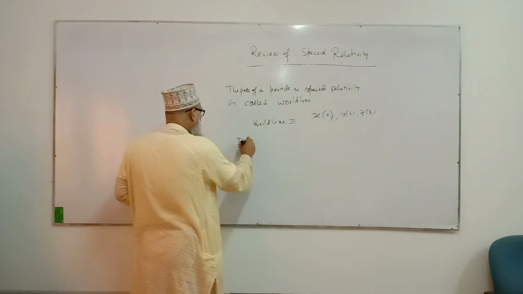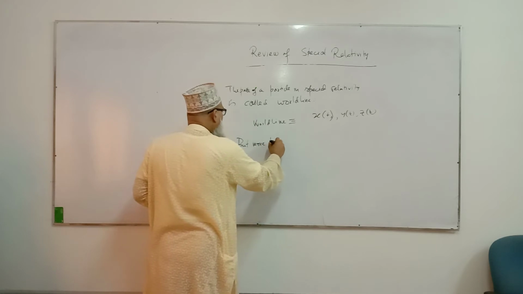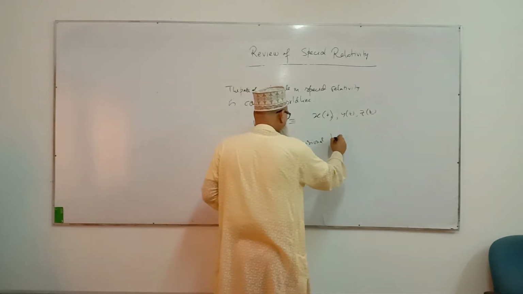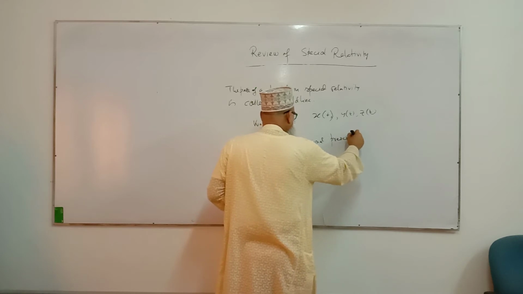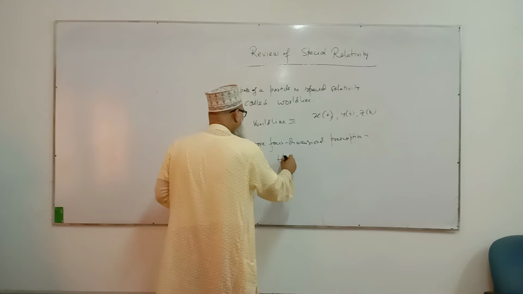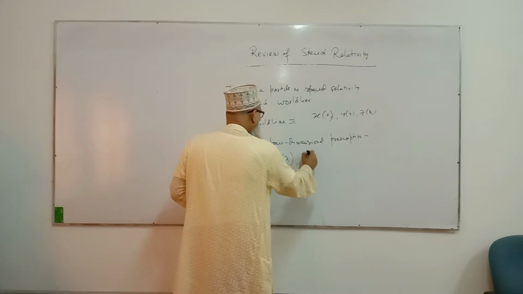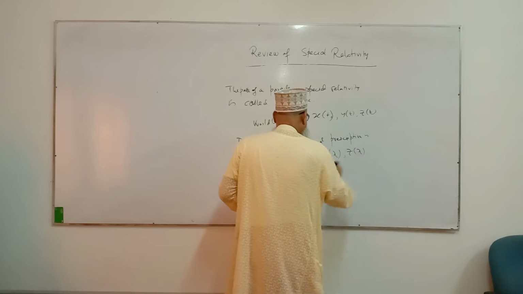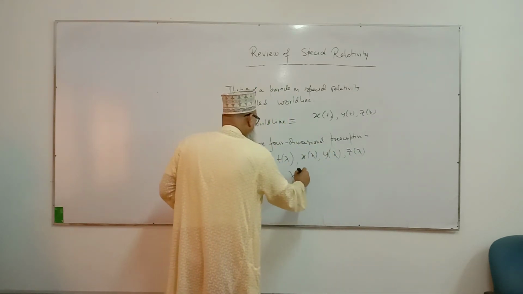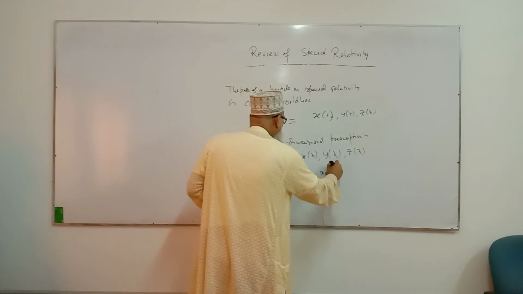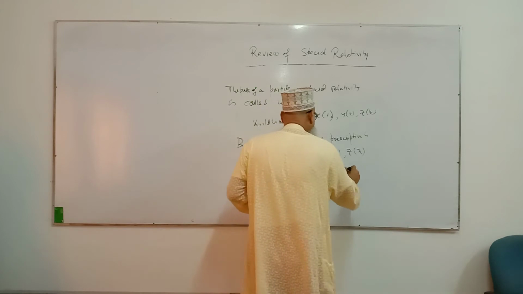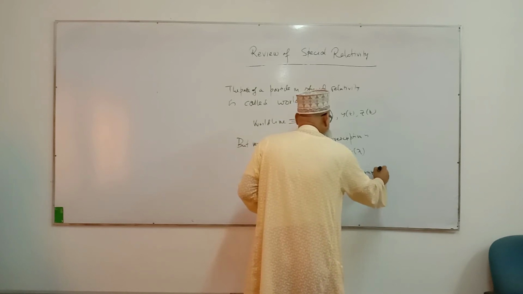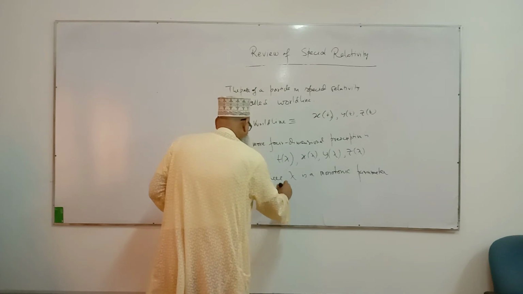But a more 4-dimensional prescription is T as a function of lambda, X as a function of lambda, Y as a function of lambda, Z as a function of lambda, where lambda is a monotonic parameter along the path.